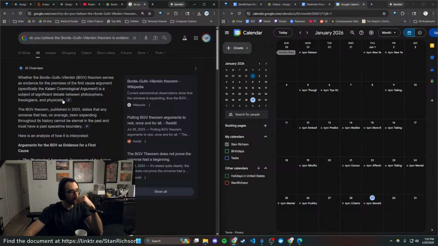Right off the bat, with this idea of the first cause argument, I think we're already done. Regardless of whether the science tells us that we're allowed to talk about the Big Bang as the beginning of the universe, which I don't think it does, I could be wrong about that, but I'm pretty sure we don't know.